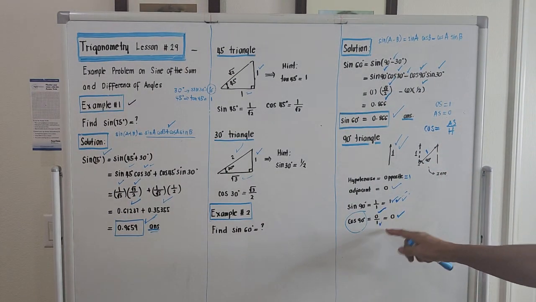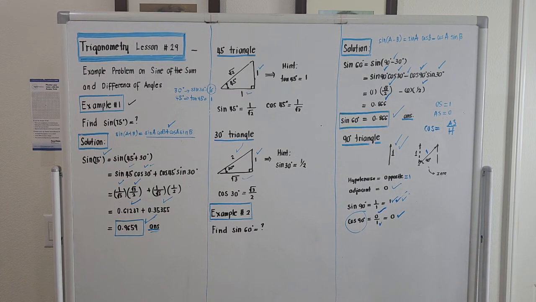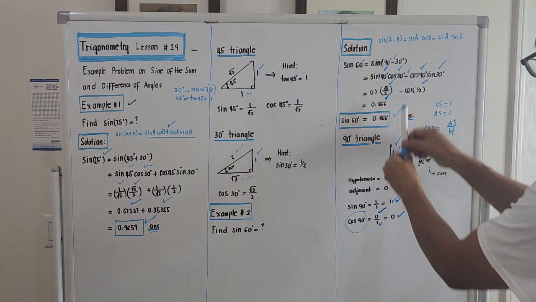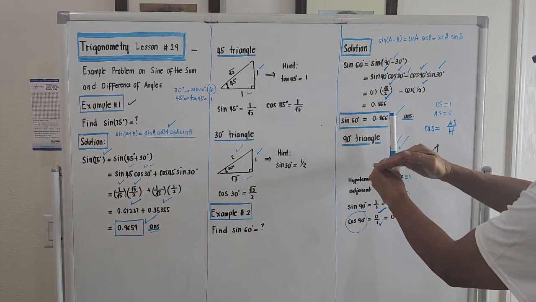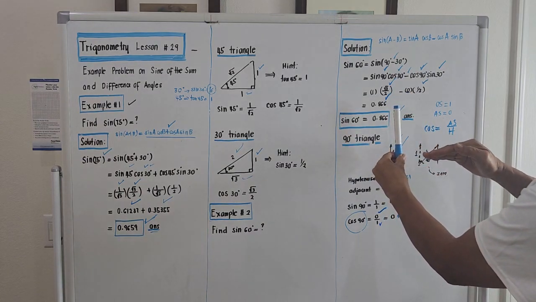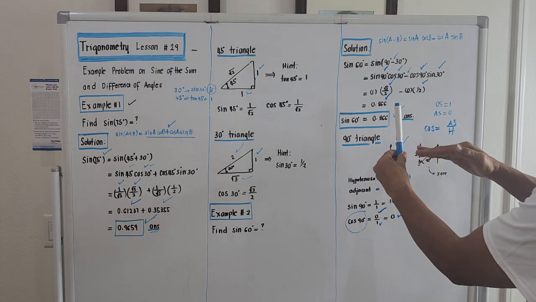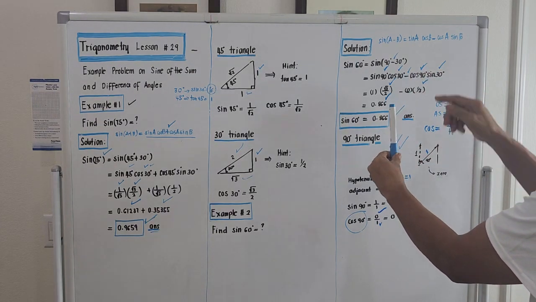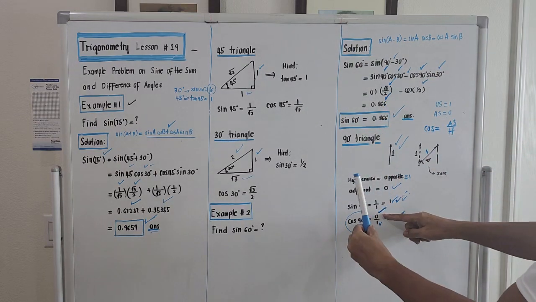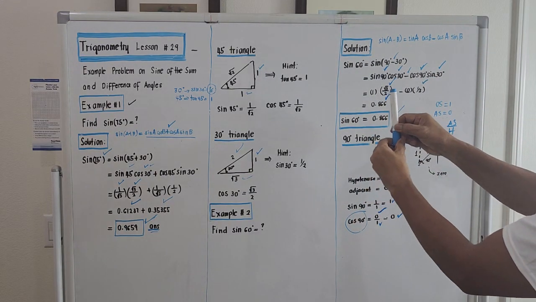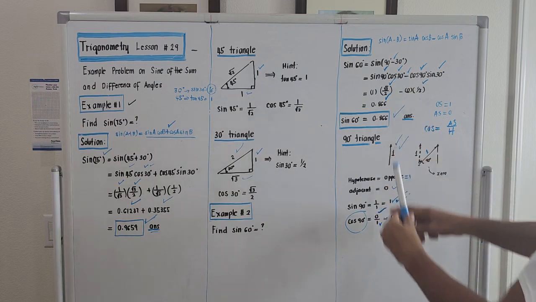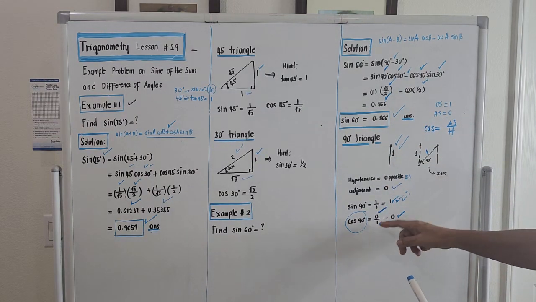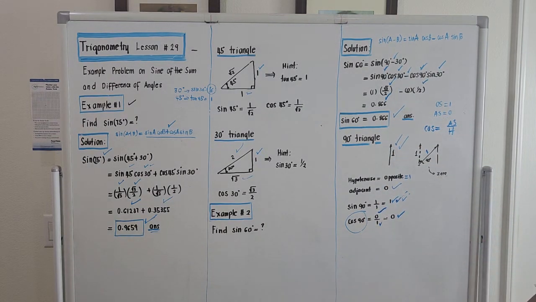It should be 0 over 1, or 0, because at the instant that it is vertical, there is no more adjacent side. So if you take the definition of cosine, it should be adjacent side over hypotenuse. But the adjacent side is 0, and the hypotenuse, luckily, is the vertical thing, so it should be 1. So 0 over 1 will be equal to 0.